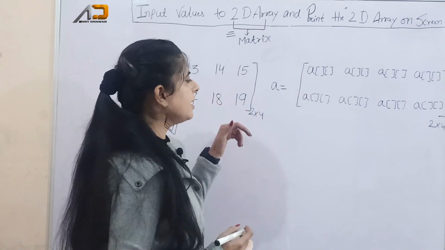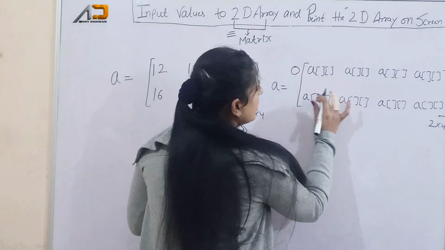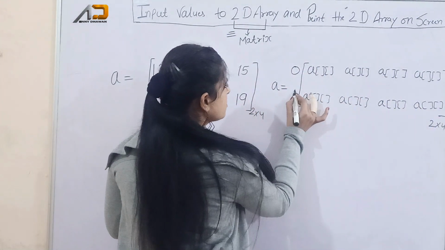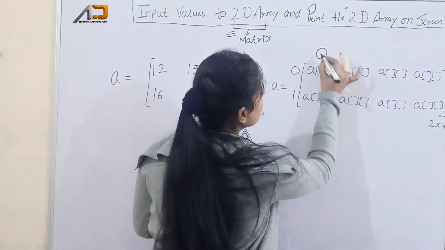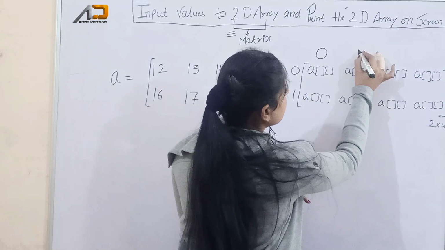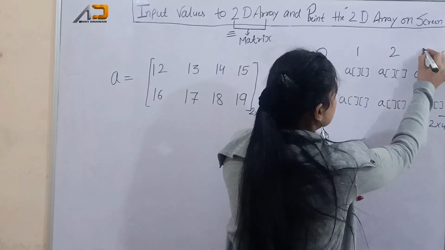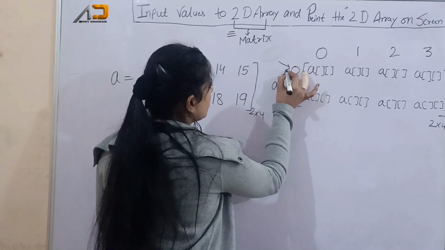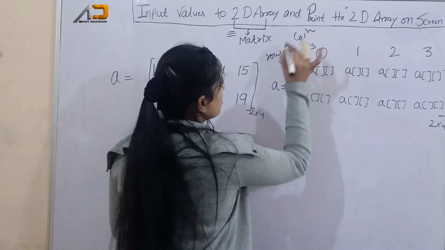Now let's understand how we can write each position in the 2D array here, and we already know that the index of this particular row is 0, the index of this row is 1, and the index of this column is 0, of this column is 1, of this column is 2, and of this column is 3. These are the row indexes and these are the column indexes.